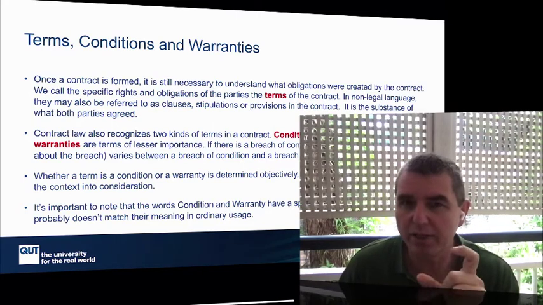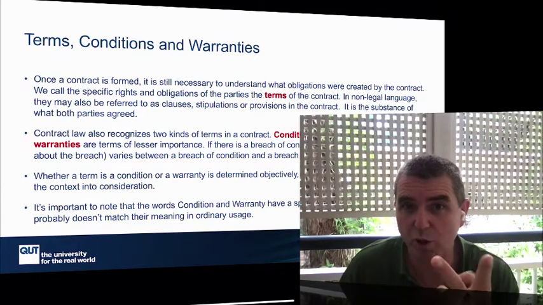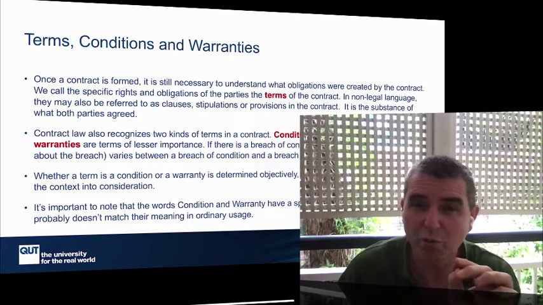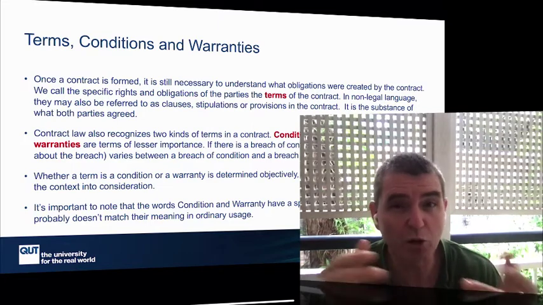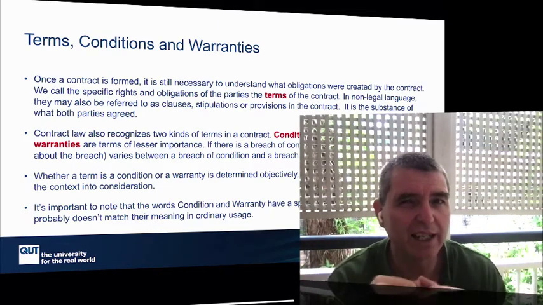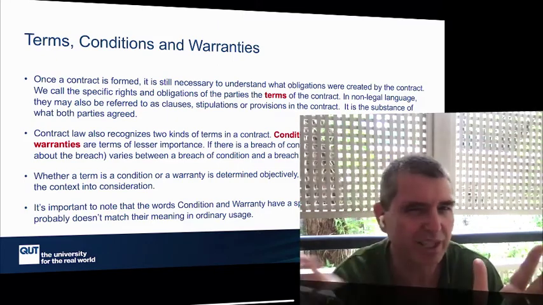Okay. But these terms can be subdivided, right? There are two kinds of terms, conditions and warranties. Now, this can be a little confusing for people because when we hear particularly the term warranty colloquially, we kind of think you're going to an electrical retailer and you buy something like a TV and it has a warranty. Does that sound familiar?